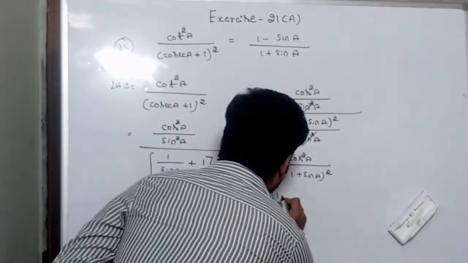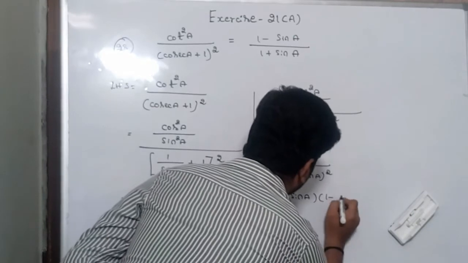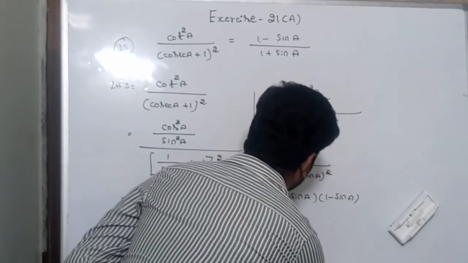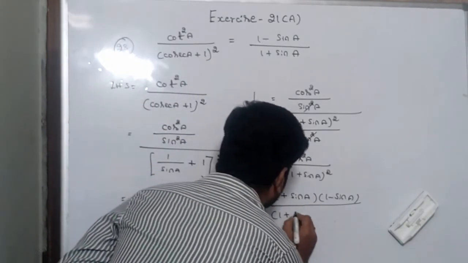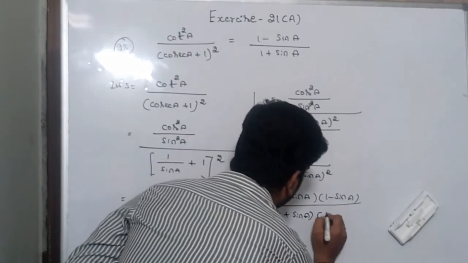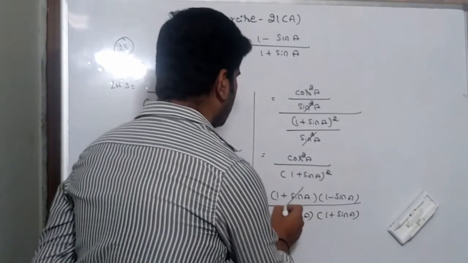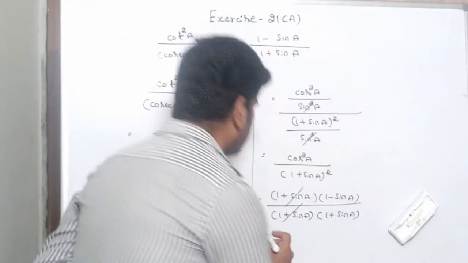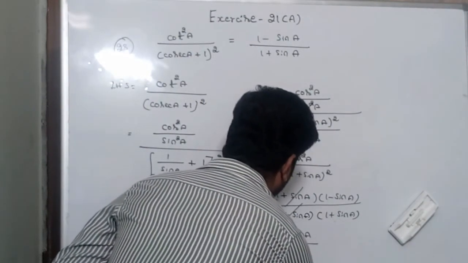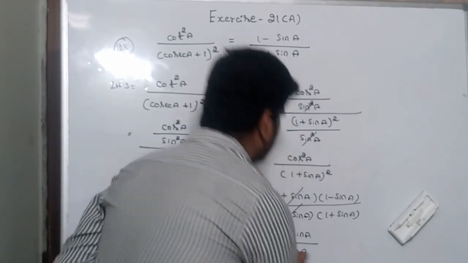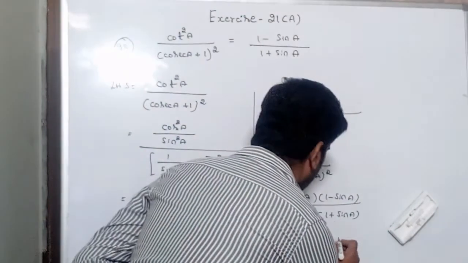So this comes as 1 plus sin a into 1 minus sin a divided by 1 plus sin a the whole square, which comes as 1 plus sin a into 1 plus sin a. Now see, 1 plus sin a gets cancelled. So that is equal to 1 minus sin a divided by 1 plus sin a. So this is our required answer, that is equal to RHS.